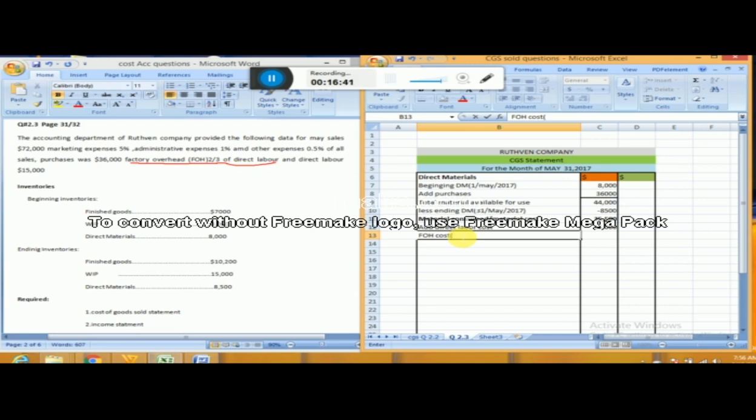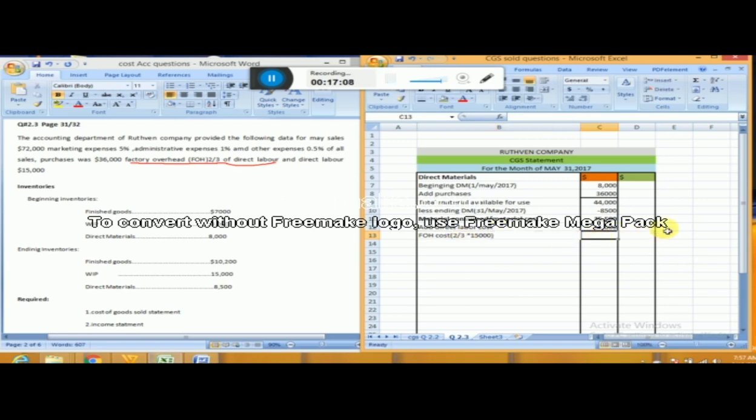FOH is equal to 2/3 of direct labor, multiplied by direct labor, which is 15,000. This way. How much?